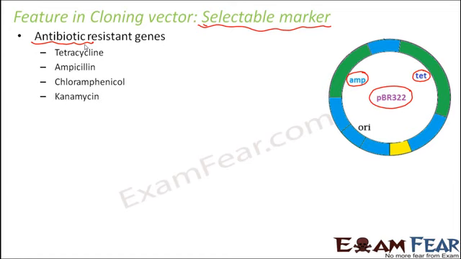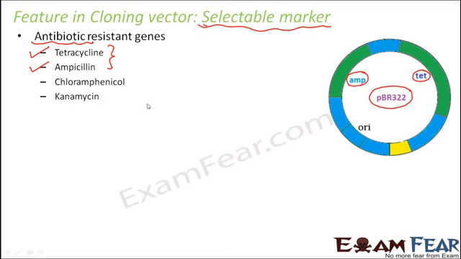For example, here in pBR322, you see that it has AMP, which is for ampicillin, and TET, which is for tetracycline. So for these two antibiotics, there are antibiotic resistance genes present in pBR322, and these regions can provide resistance against tetracycline and ampicillin.